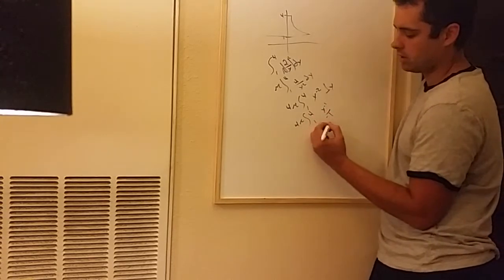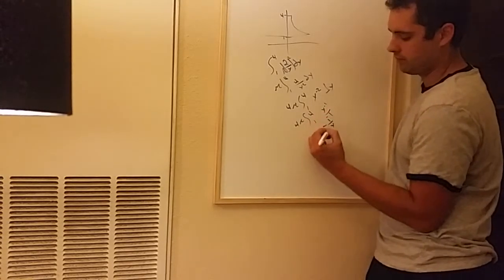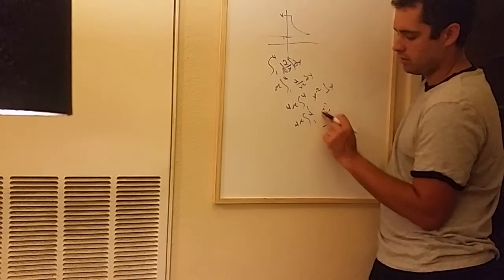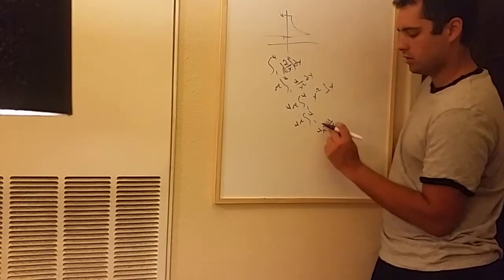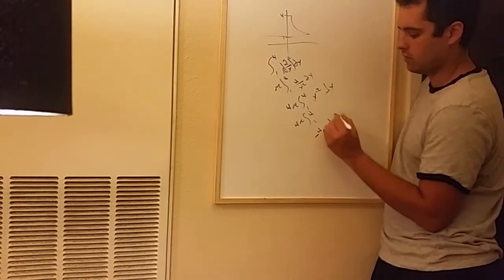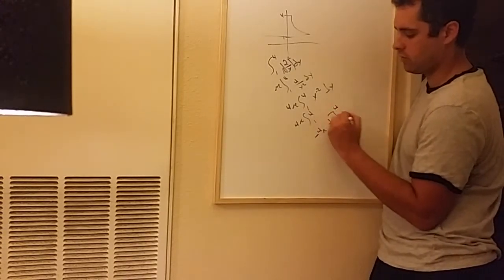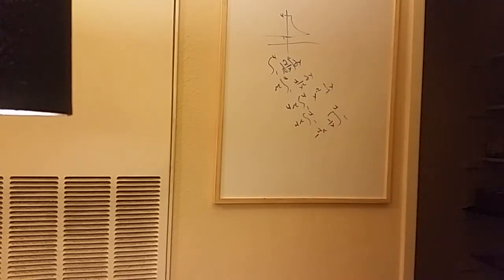So it'll just be negative 1 over y times 4 pi. 4 pi negative 1 over y from 4 to 1. I'll just plug it in. Right? Simple enough.